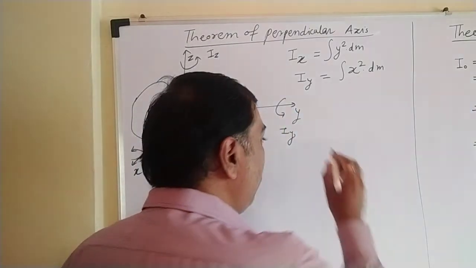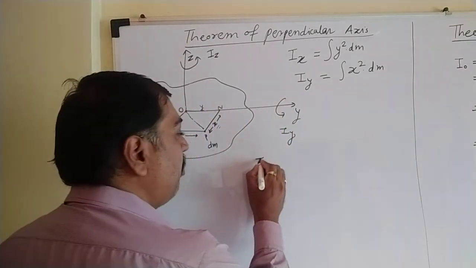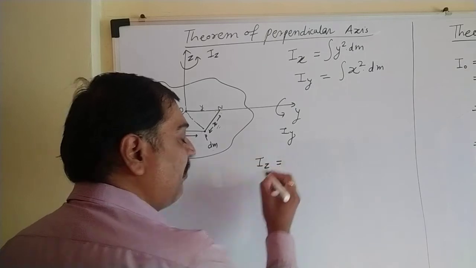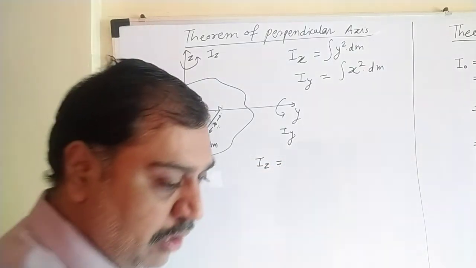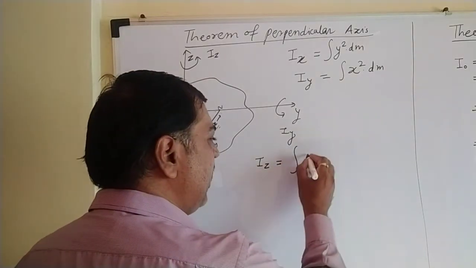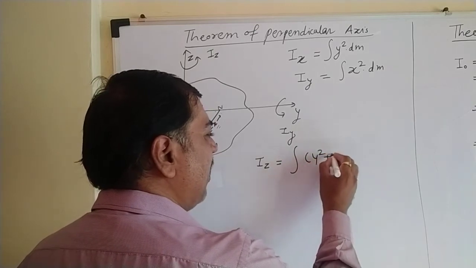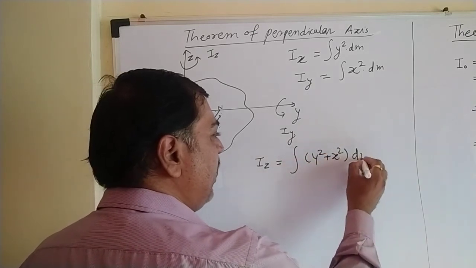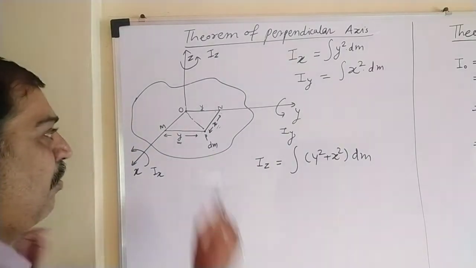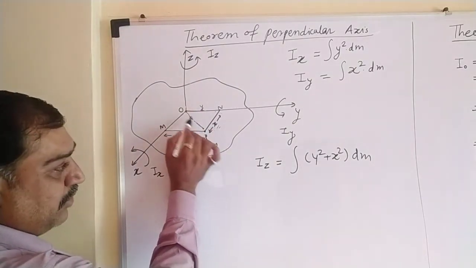So we can write the moment of inertia about the perpendicular axis, I suffix z, equal to the integration of y square plus x square into dm, because y square plus x square gives the z coordinate.